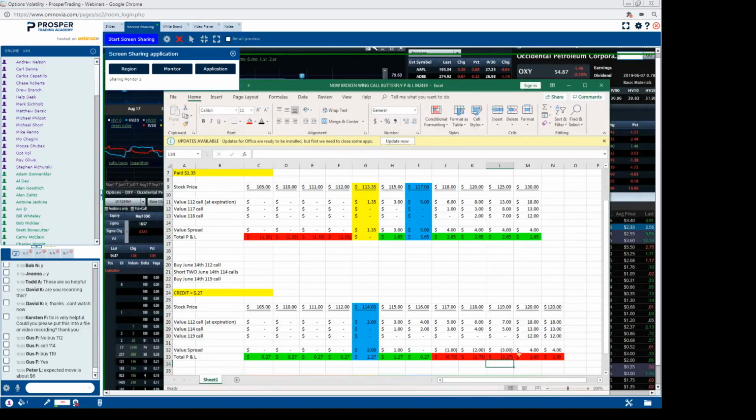Okay, and then that would be the maximum loss from there on out. Actually, no, excuse me. I take that back. I'm thinking about the long fly again. Remember, we're doubly short calls here.